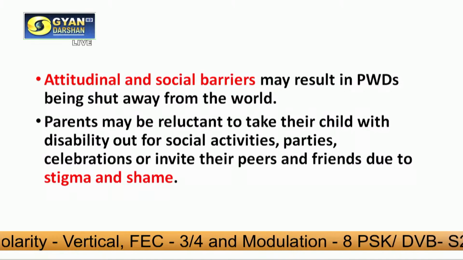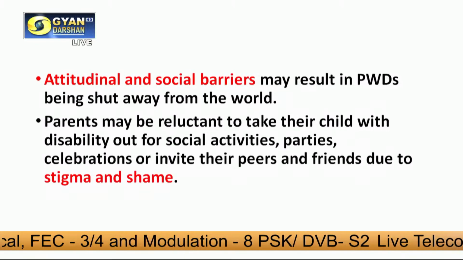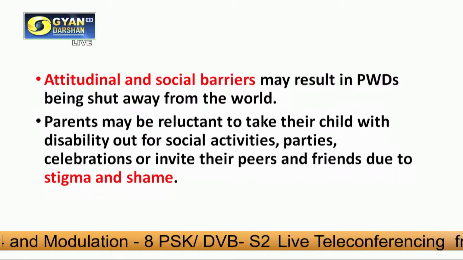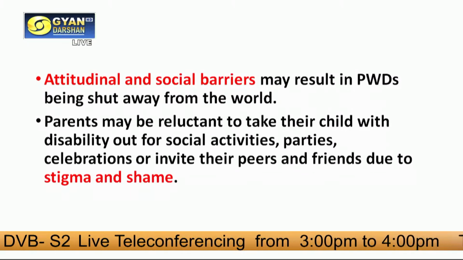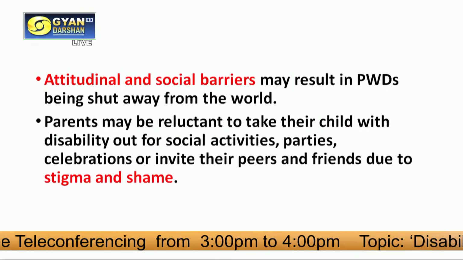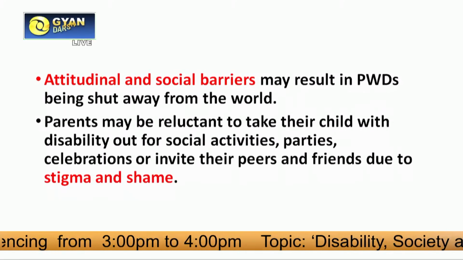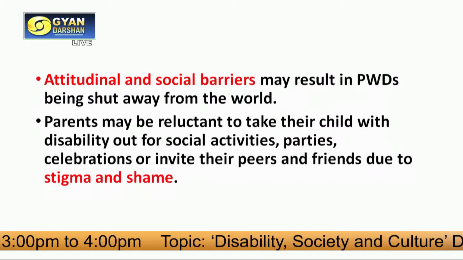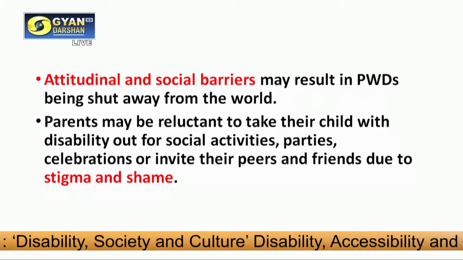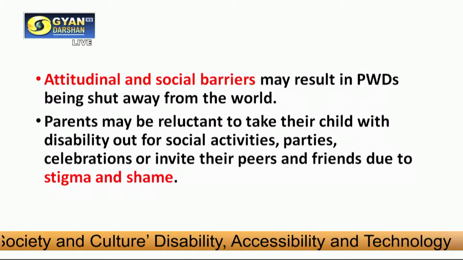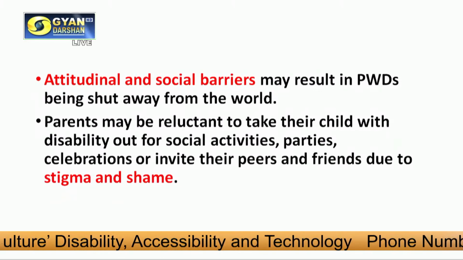So attitudinal and social barriers may result in persons with disabilities not really being included in these pleasurable activities. We often see that parents with a child with disability are reluctant to take their child out for social activities or for parties or for celebrations because the stigma and shame that they experience is so high that they really don't want to expose themselves or their child to the wider society.